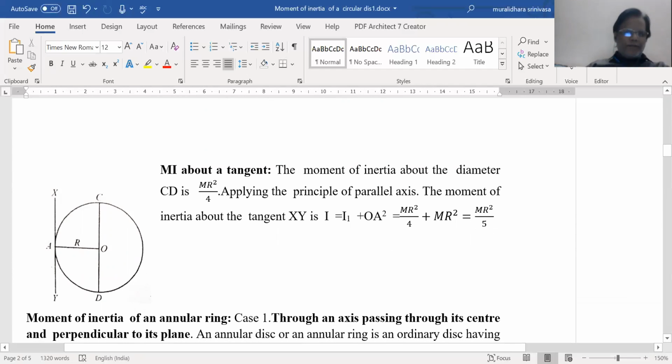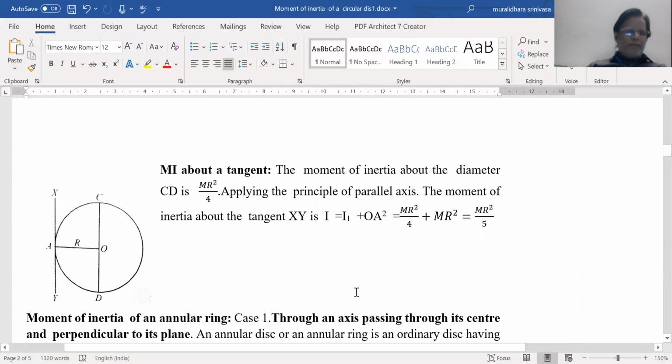Now suppose, what about the moment of inertia about a tangent? If you consider the moment of inertia about a tangent, then this is what you have: a circular disk of radius r, CD is the diameter, and at the point A, xy is the tangent.